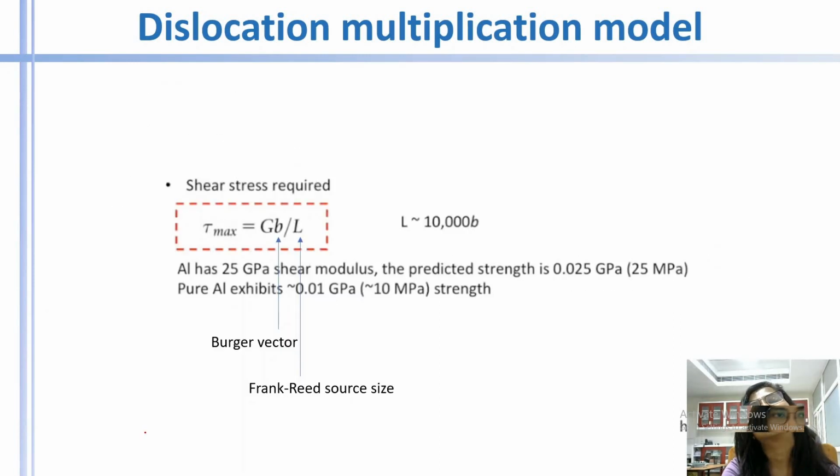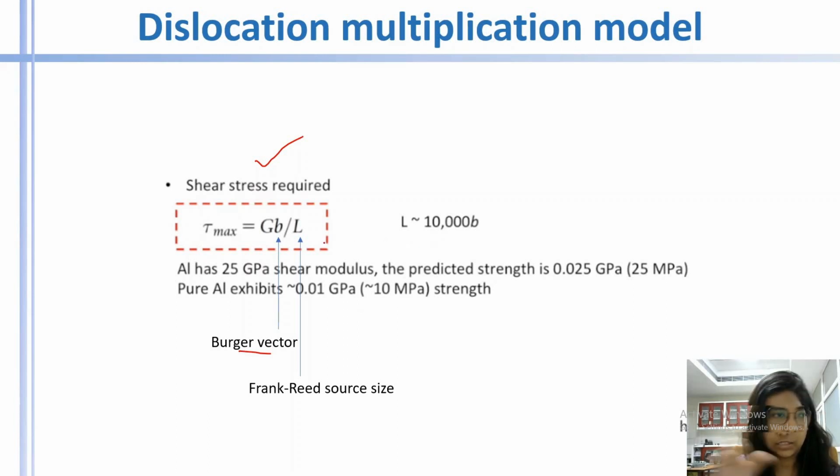Now what is the shear stress required in this case? Here the equation is Gb by L, where b is the Burgers vector, and L is approximately 10,000 times the Burgers vector.